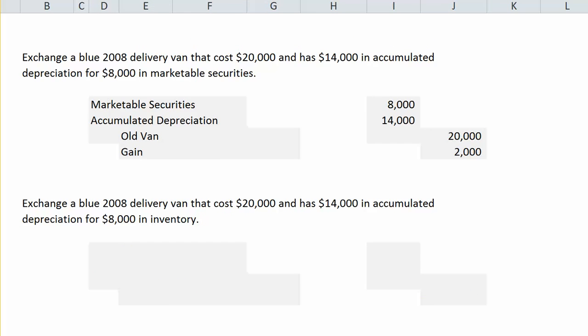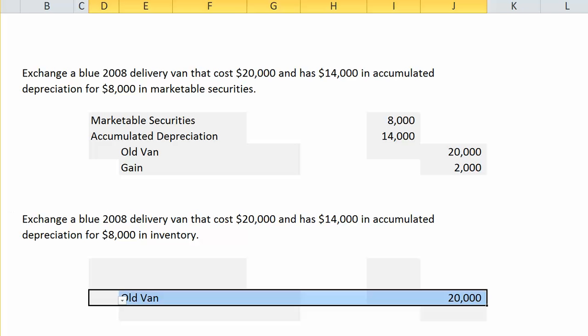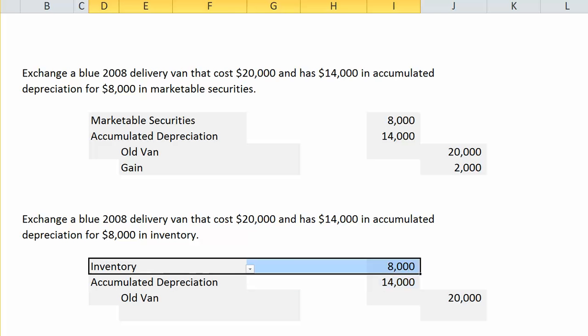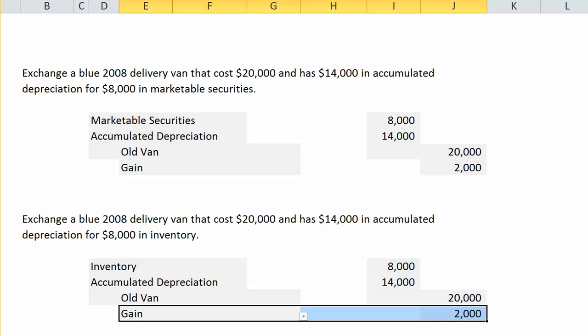Let's now consider another exchange. Same van, same net book value, but this time we exchange it for $8,000 worth of inventory. We need to take the old van off our books. We need to take the accumulated depreciation off our books. We need to record the inventory. And again, we have a $2,000 gain.